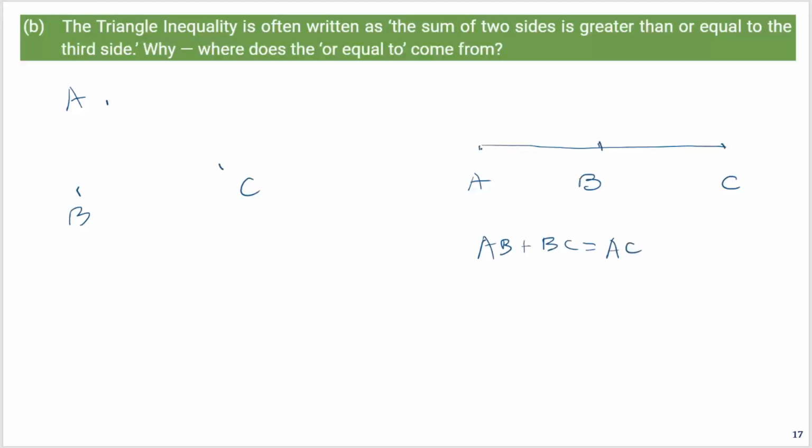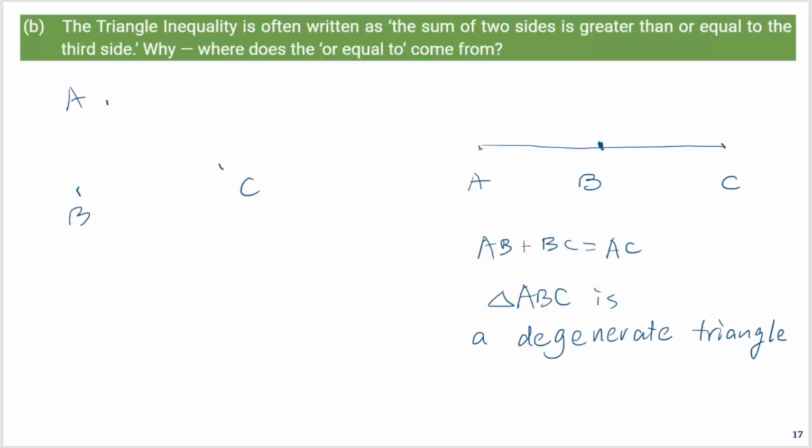If A, B, and C are collinear, we call the resulting triangle ABC a degenerate triangle.